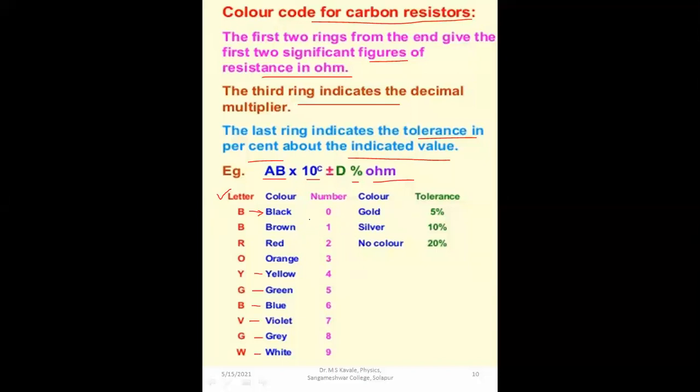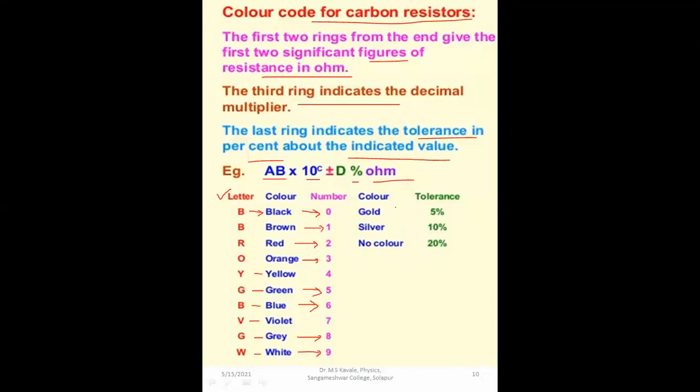And the numbers in the case of a resistor start from 0: for black 0, for brown 1, for red 2, for orange 3, yellow 4, green 5, blue 6, violet 7, gray 8, and white 9. Okay, so from 0, that is black, to white, that is 9.